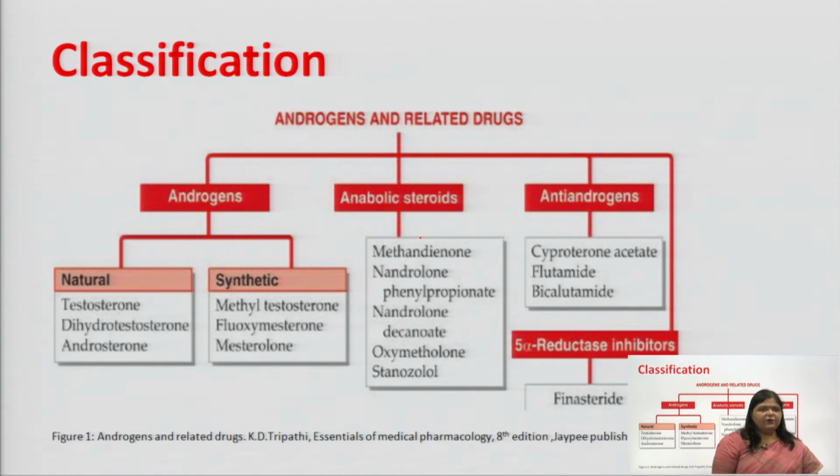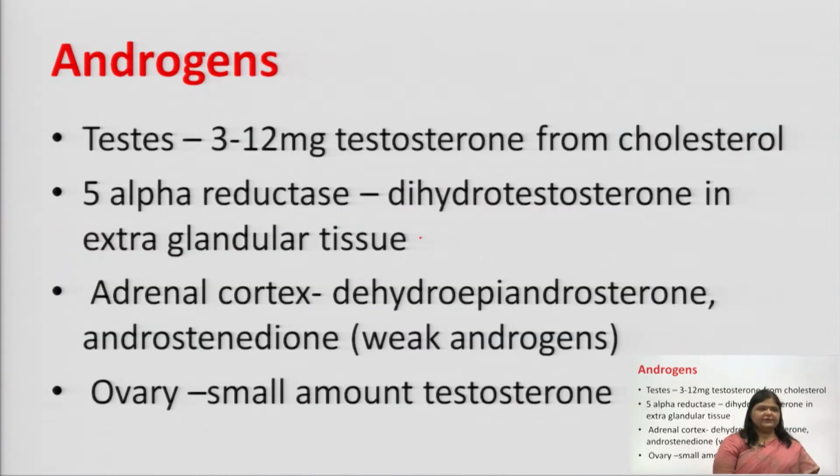The anabolic steroids are methandienone and nandrolone. We will talk about these drugs in our subsequent presentations. Then the anti-androgens are cyproterone acetate and the 5-alpha reductase inhibitor finasteride. So, we will first talk about the androgens.